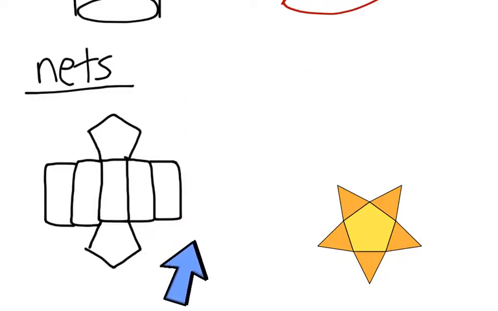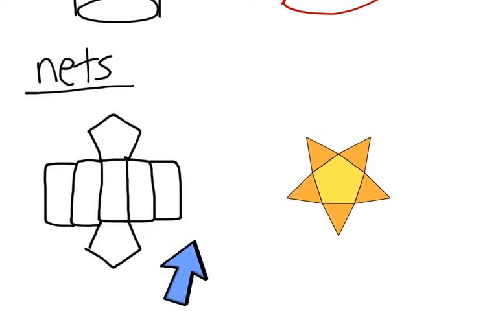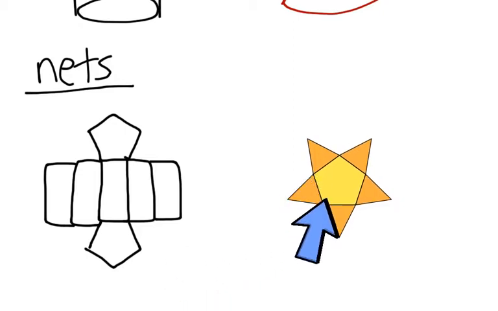Alright, not too bad. Now look at the base, it's a pentagon, so each of the pentagons needs a triangle coming from it. And if I folded each of these orange triangles up, it would come to a point, making it a pyramid. So just take a second and draw that with me.